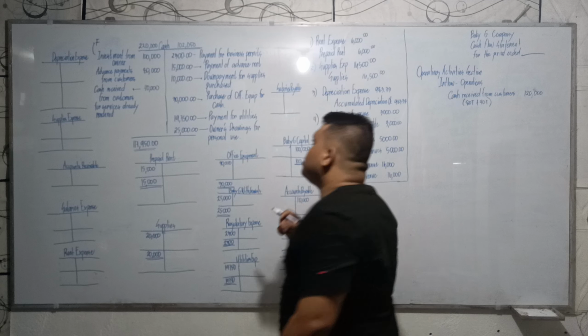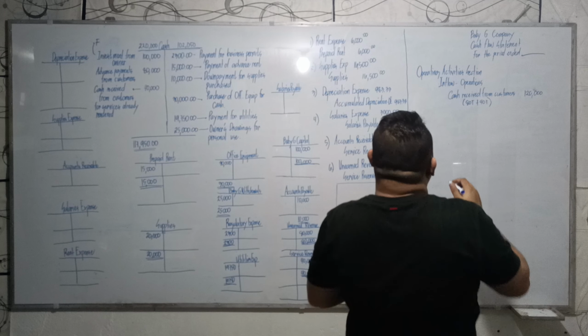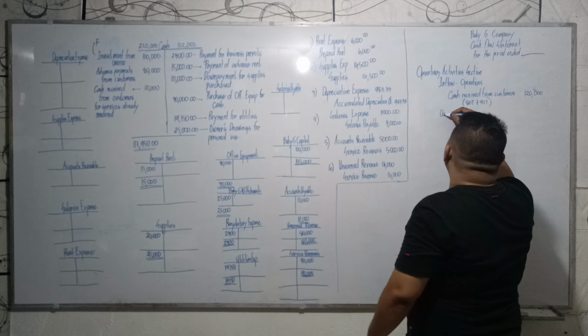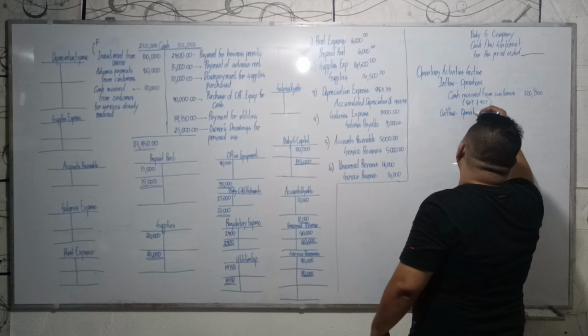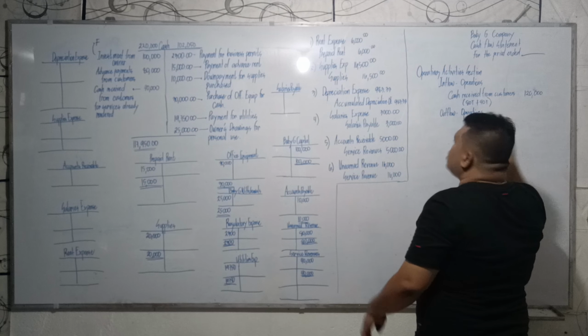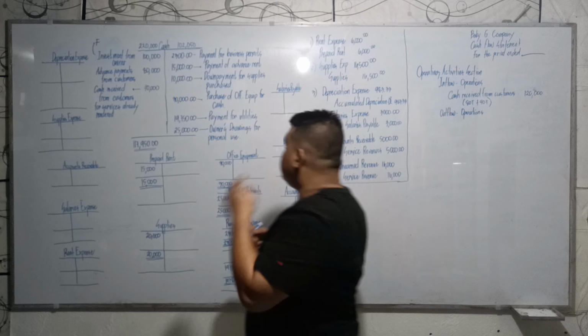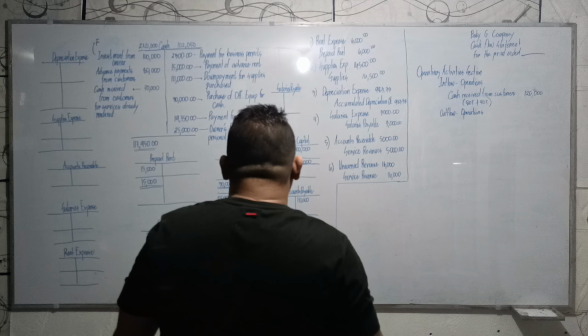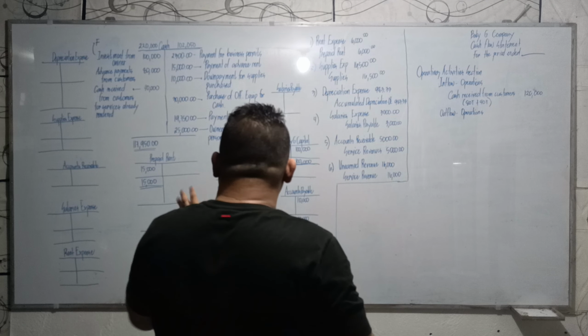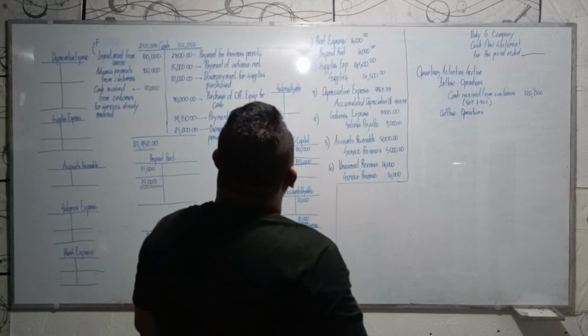And then afterwards, you will go to the outflow related to operations. During this time, you're gonna focus on the credit side of the cash. So first, we have payment for business permits, payment of advance rent, down payment for supplies purchased.